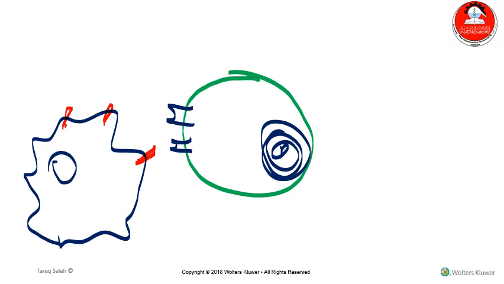So in this case, B cells are the cells that are highly involved in humoral immunity, or the immunity that involves the production of antibodies that help the body to recognize these foreign antigens in case that pathogen has entered the body again.